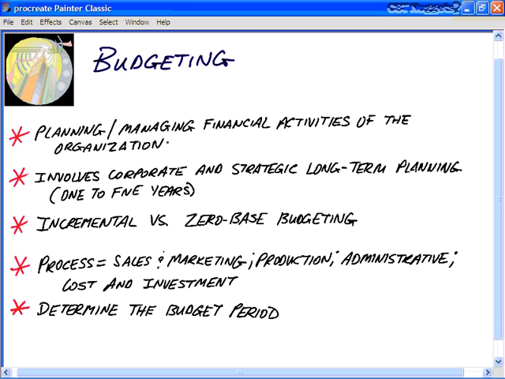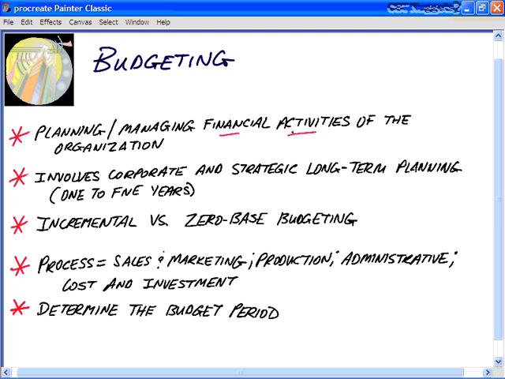It may simply be needing to have more sales. It may need to be increasing the office space or adding new materials. It's the overall planning and managing of the financial activities of your business. And again, this is going to be a short-term and a long-term process, okay?